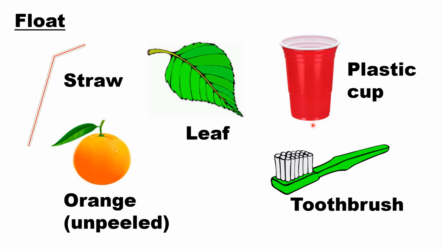Number three, plastic cup. Number four, orange. Those unpeeled oranges will not sink, okay? Unless you peel them, then it will sink. And the last one, we have toothbrush.